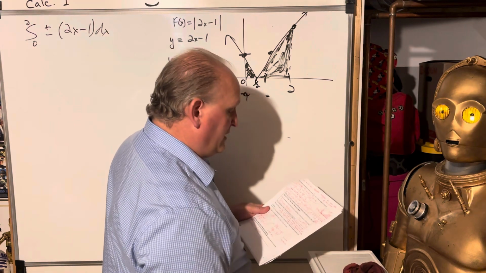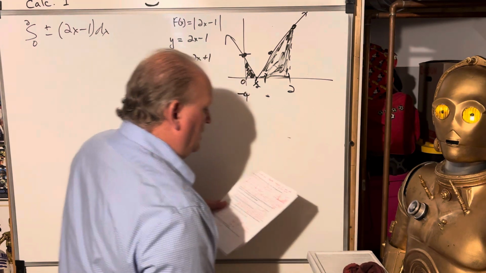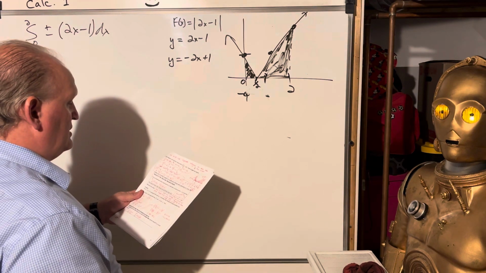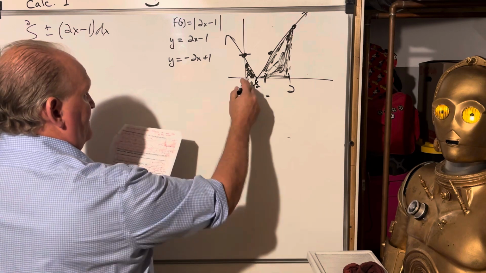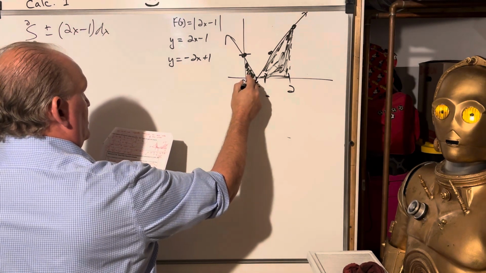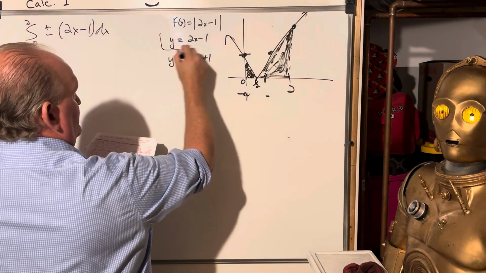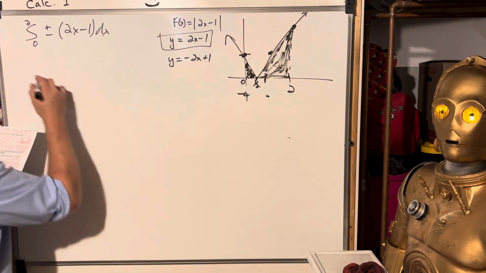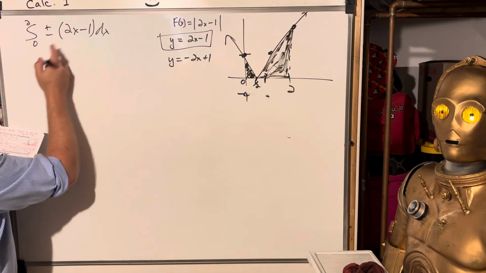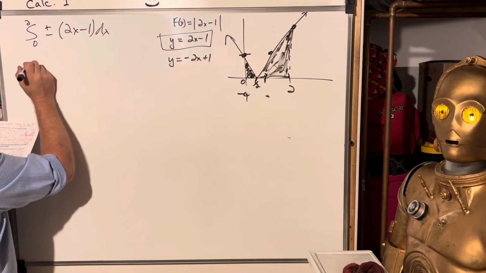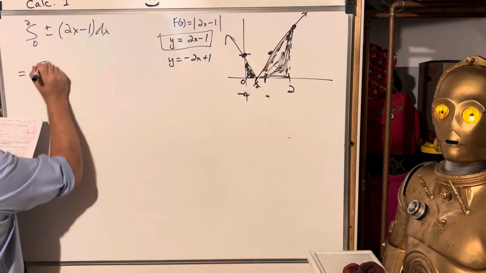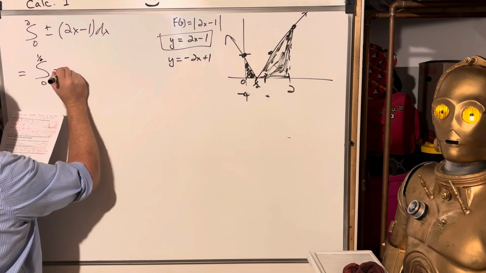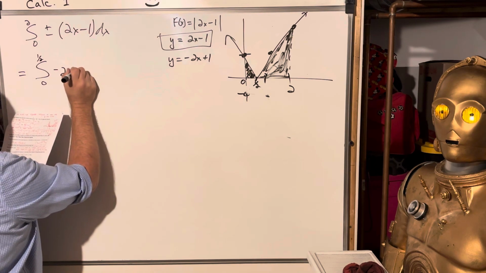But we're doing it with an integral, with calculus, so we're going to kind of split this into 2 integrals. So we're looking at the positive part, the 2x minus 1, this part, is going to be just from 0 to 1/2. So we're breaking this integral into 2 integrals now. We're going to say from 0 to 1/2, we're going to work with negative 2x plus 1.